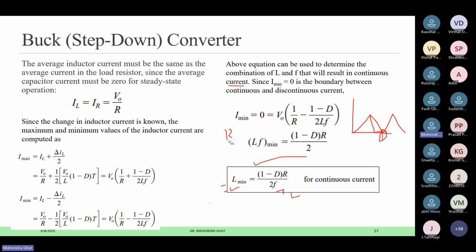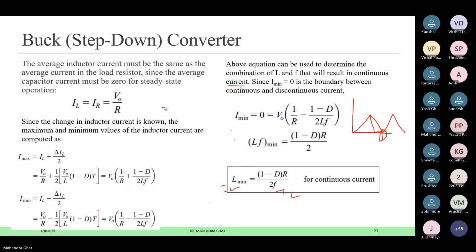If it is not given, then we will try to have continuous conduction. The application will define what the ripple content will be, that is the inductor ripple delta IL. For example, if your average current is 5 ampere, 5% of the average current will be given as the allowable delta IL.